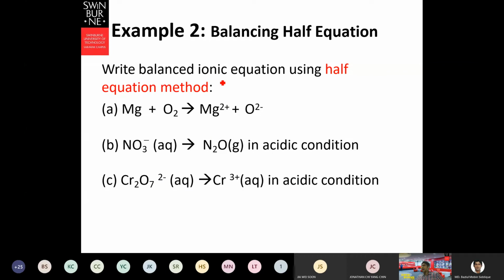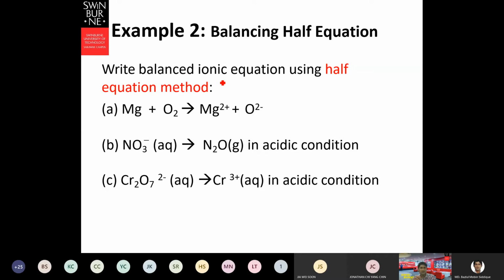Now, balancing half equations. Sometimes oxidation reduction reactions feel very daunting, very big and problematic to solve. So we can do the half reaction or half equation part by part, so that our problem becomes smaller and easily manageable.